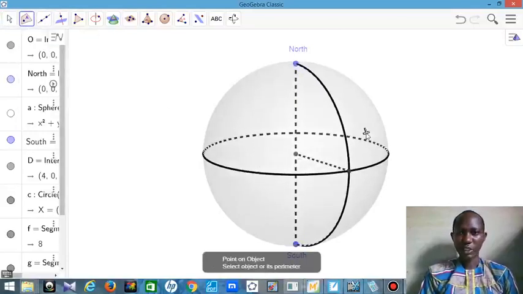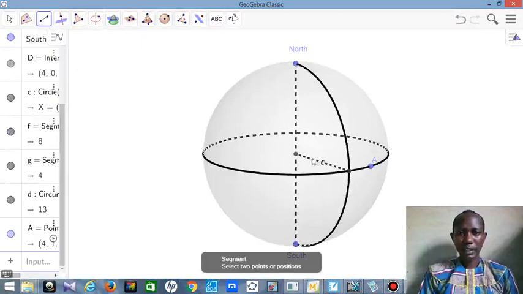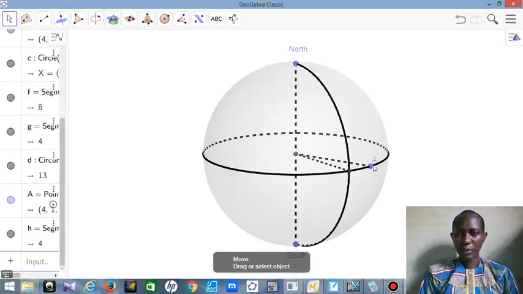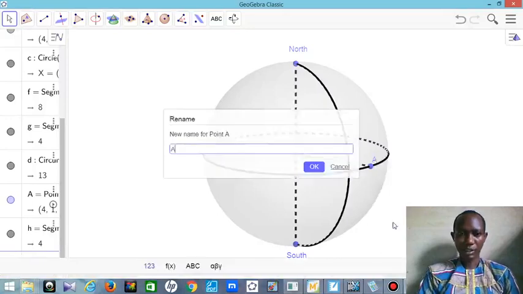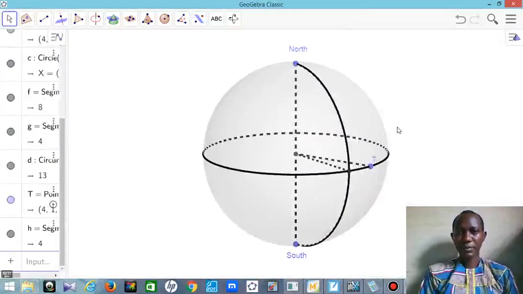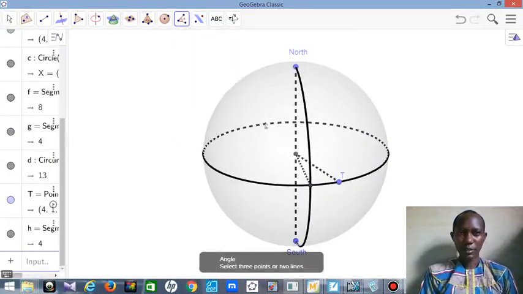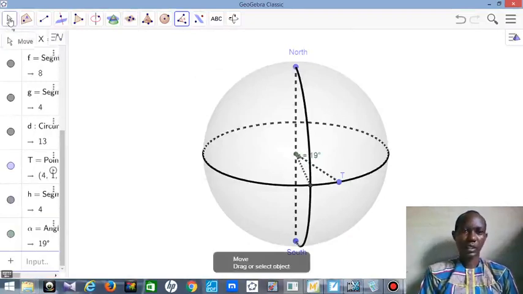Let's interpret it with this three-dimensional view before we go to the plane shape calculation. From the center to this point, this is what we are going to get, and the question calls it point T. So this is point T. Then if you introduce the angle, this is the angle between these 2 points.